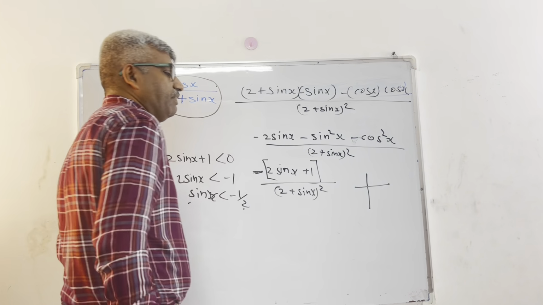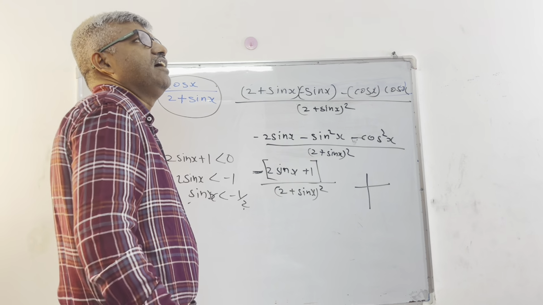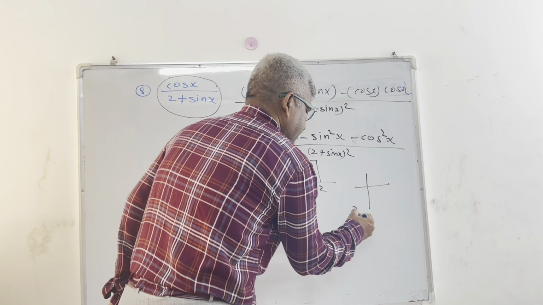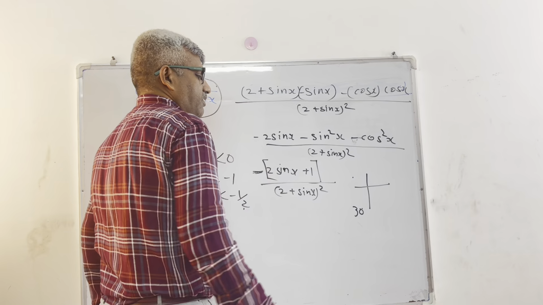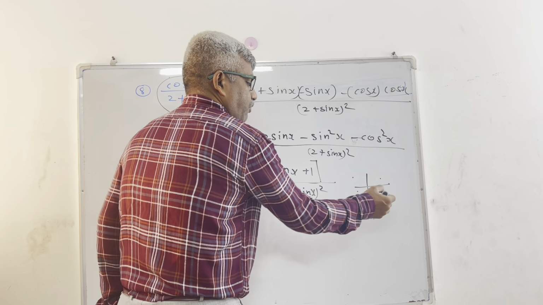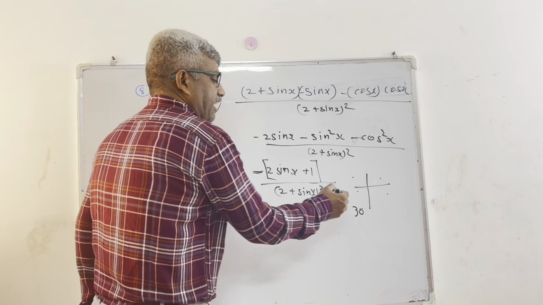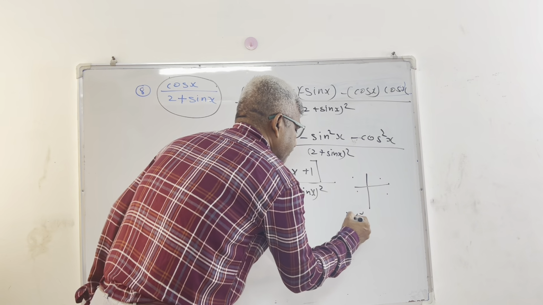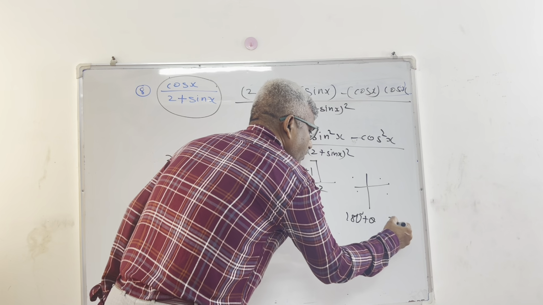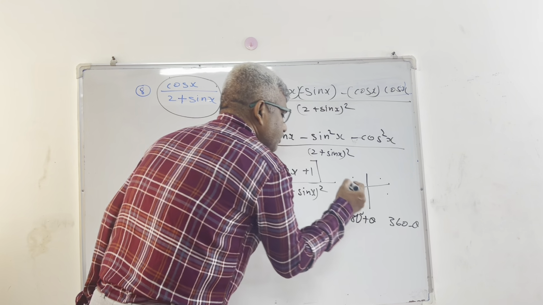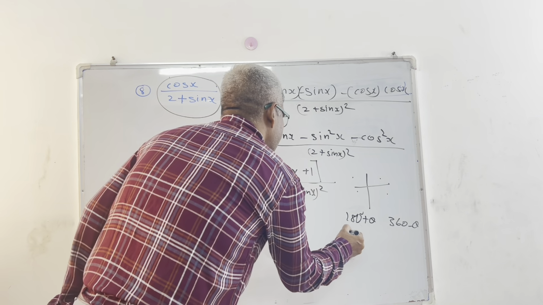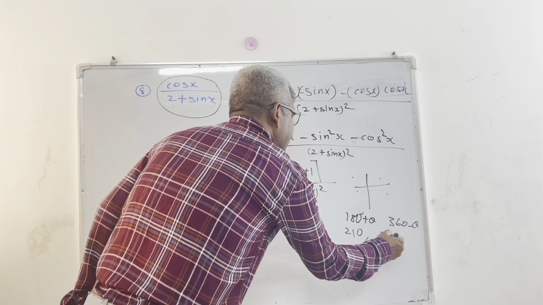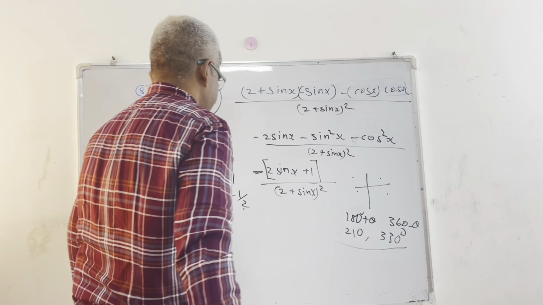In that, sin x is half when the angle is 30 degrees, with a negative sign. So it is the third quadrant and fourth quadrant, where sine is negative. Third quadrant is 180 plus theta. Fourth quadrant is 360 minus theta. So from 210 to 330 degrees, it is increasing.